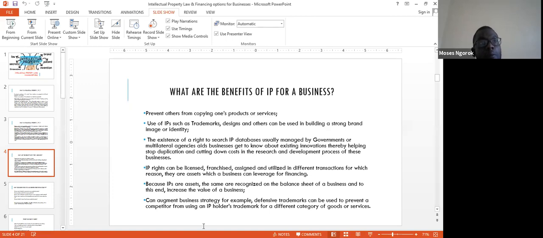It's important to be able to identify different intellectual property rights that your business owns, because that will help with your bargaining, because you can point to them as assets, which increases the valuation of your business. So the value of your business goes up because of the intellectual property that you own.